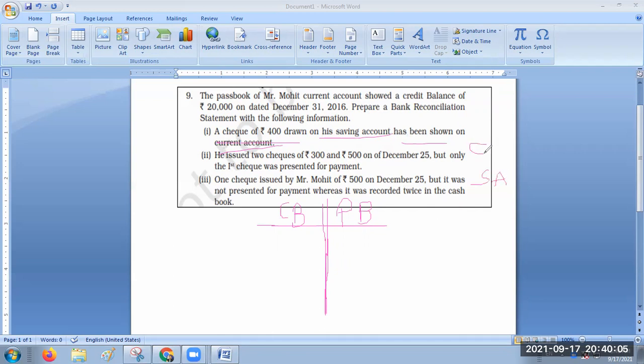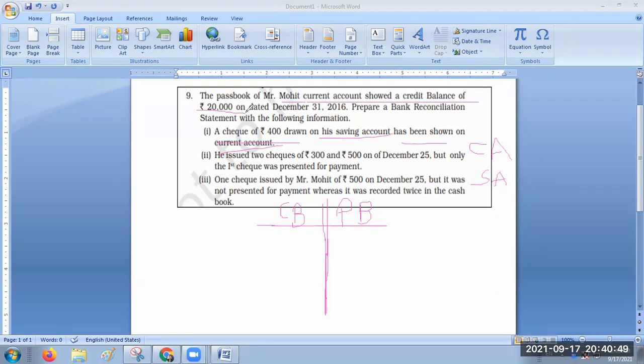You read the problem and tell me which one we want to find out. See the heading. What is there in the heading? Mohit current account showed a credit balance of 20,000.